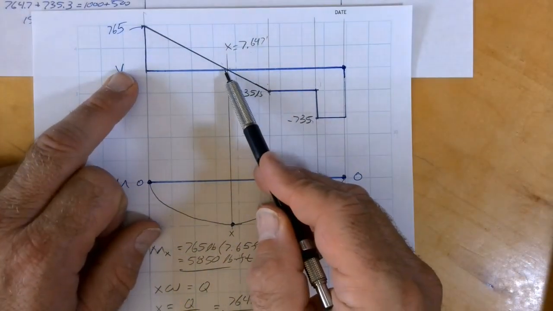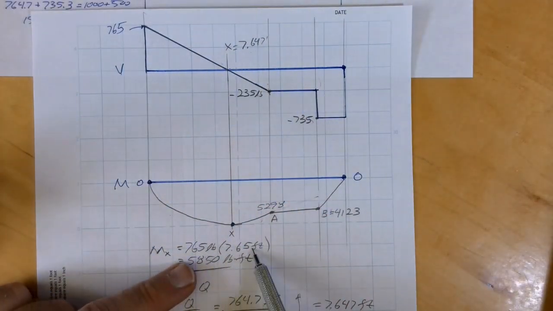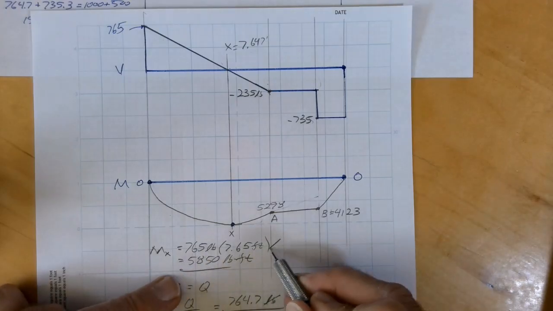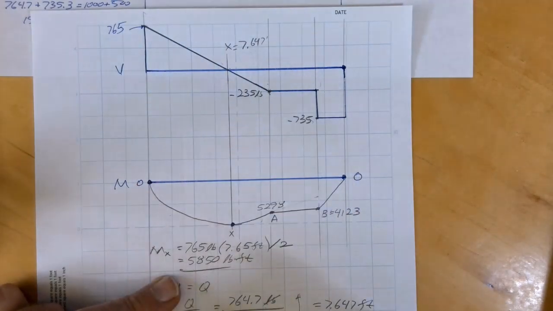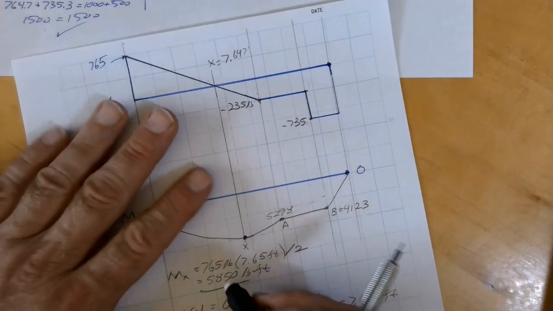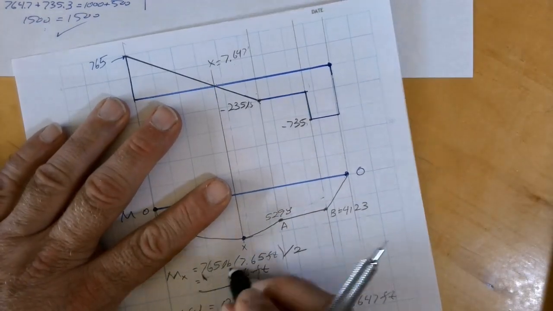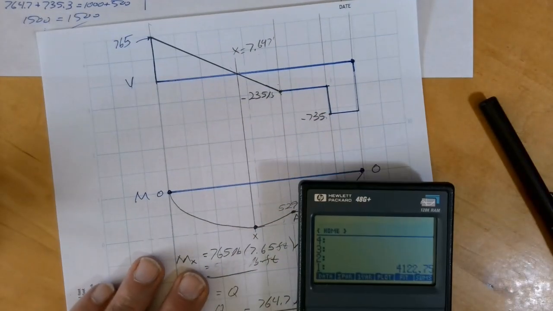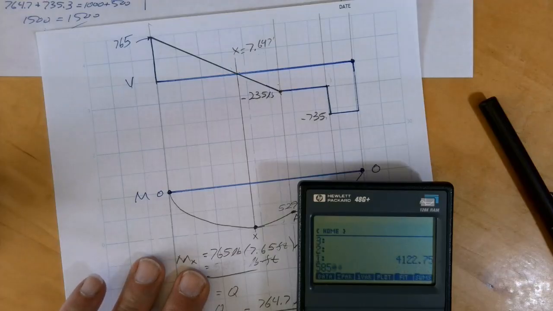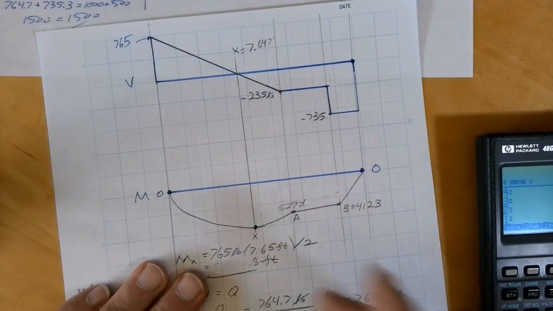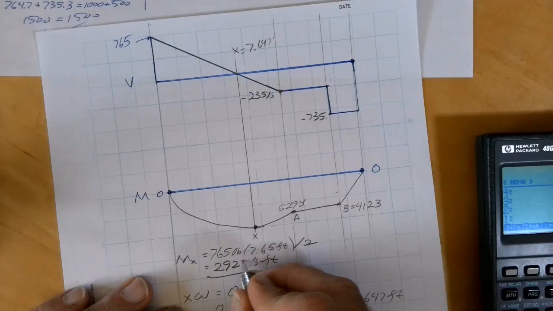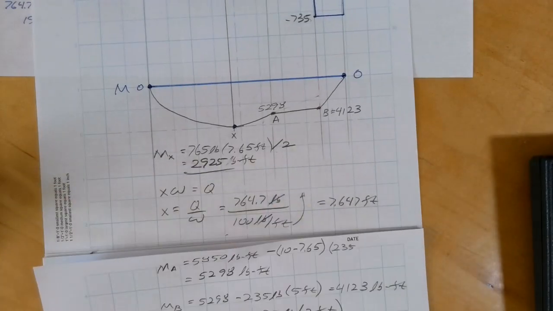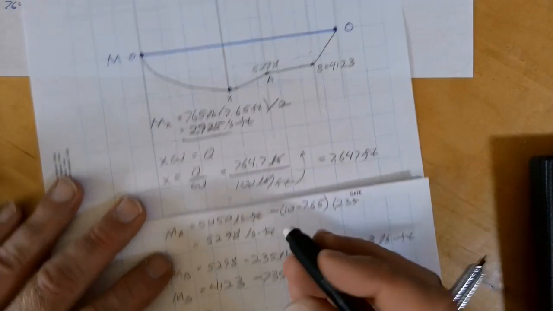So the area under this curve is not 765 times 7.65. It's that divided by 2 because I have a triangle. So this number is half that value. 5850 divided by 2 is 2925. And I'm going to keep cleaning that up.